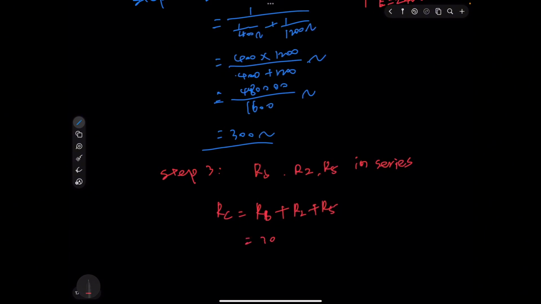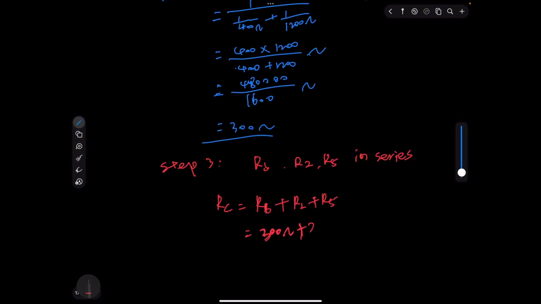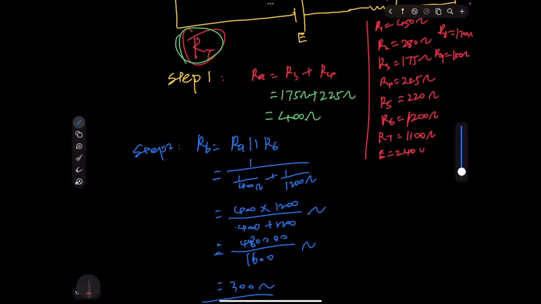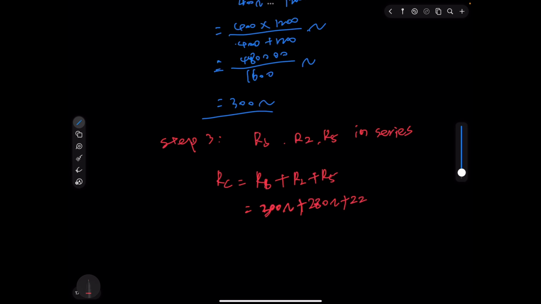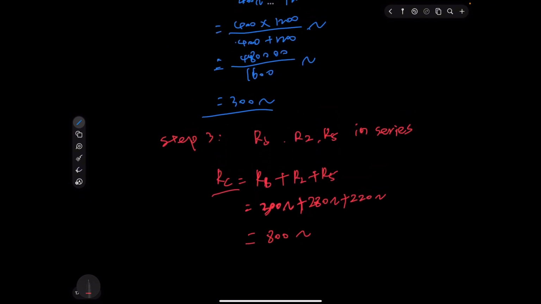RB is 300 ohms plus R2 is 280, R5 is 220. So the total is 800 ohms. So that's RC.